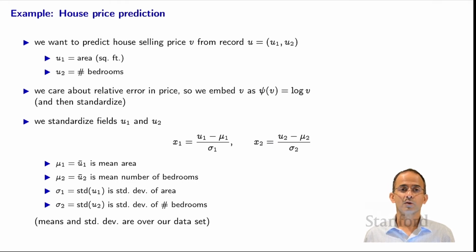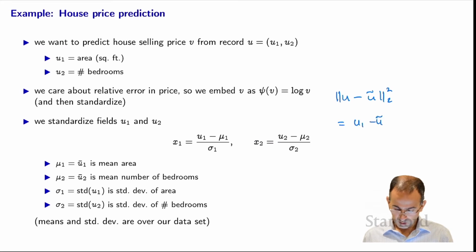Suppose I have a record u and a record u tilde. I'd like to say, how close are u and u tilde? Well, let's just write that down. Then the 2-norm squared of u minus u tilde is equal to u1 minus u tilde 1 squared plus u2 minus u tilde 2 squared.